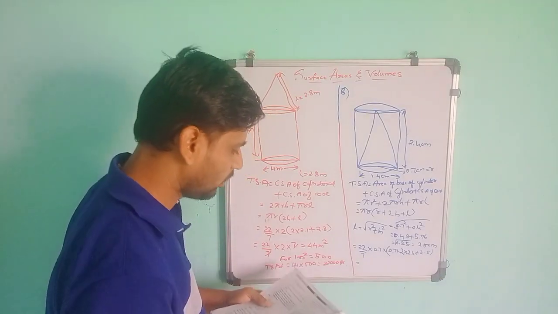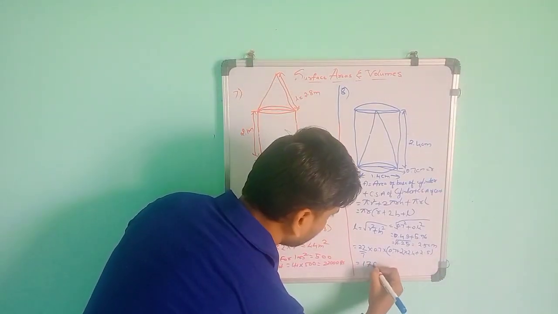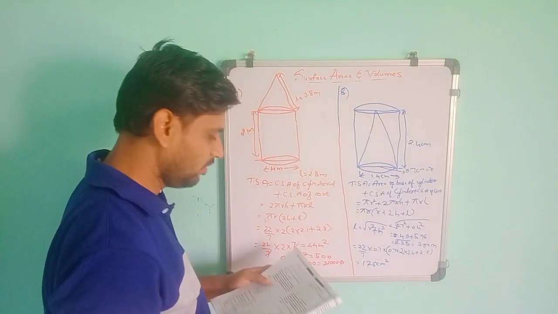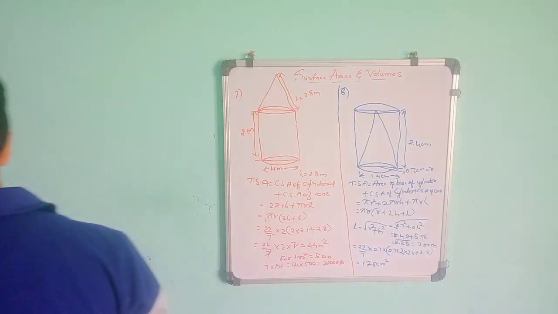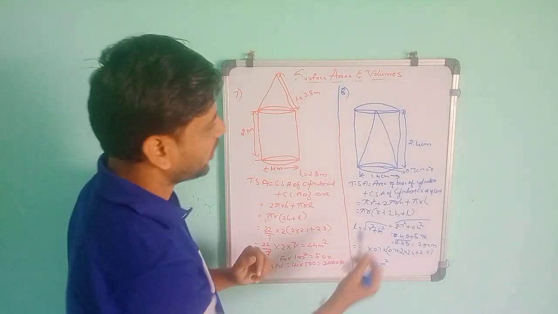This will give you the answer 17.6 centimeter square. So in this problem, you have to take the area of the base of the cylinder.